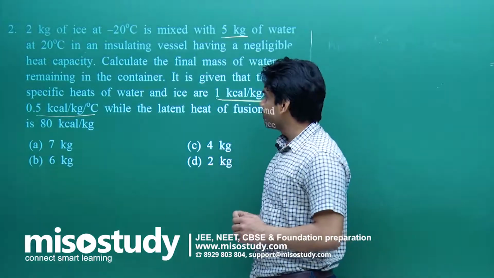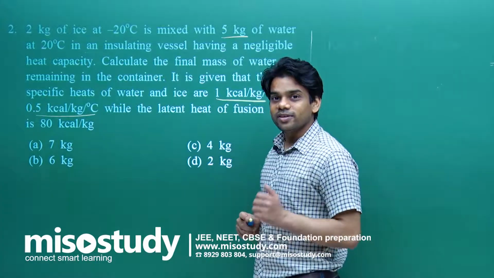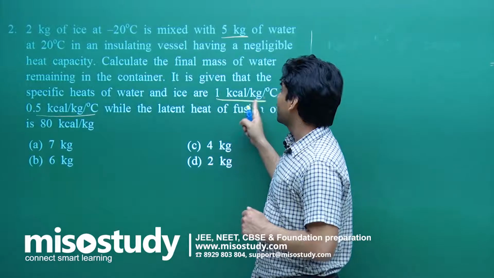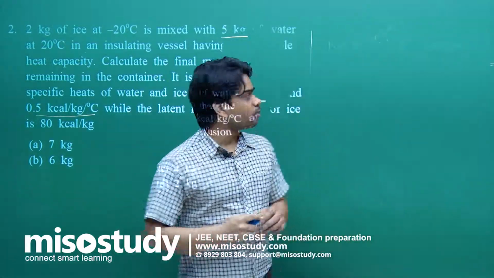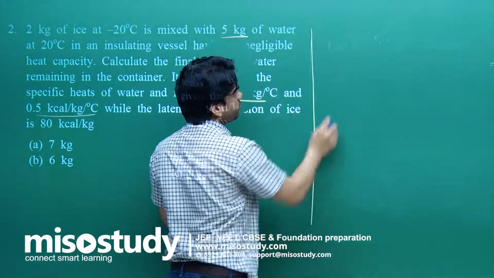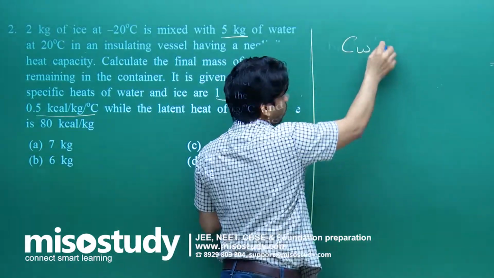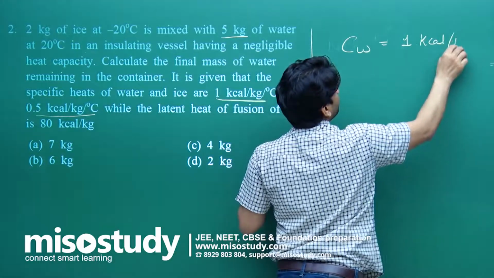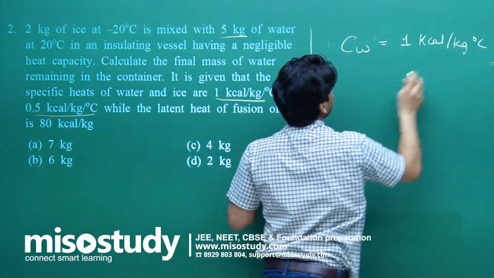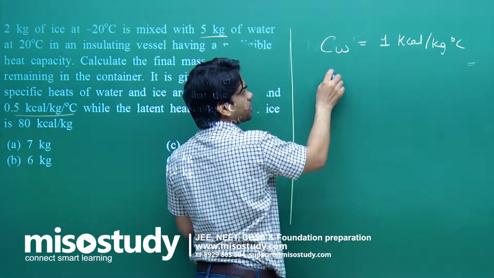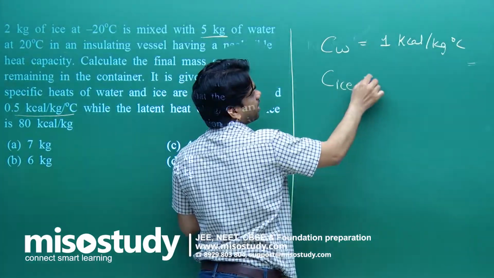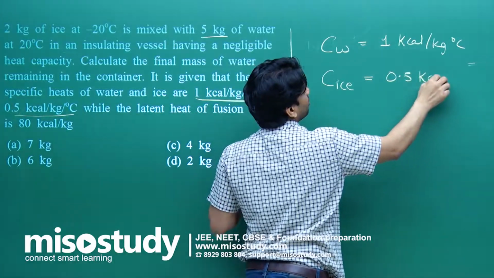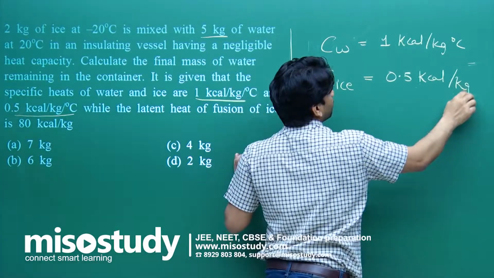Now the case is very simple, and before that let me write down the given specification. So CW of water is 1 kilocalorie per kg per degree Celsius, and we are also given the specific heat capacity of ice as 0.5 kilocalorie per kg per degree Celsius.